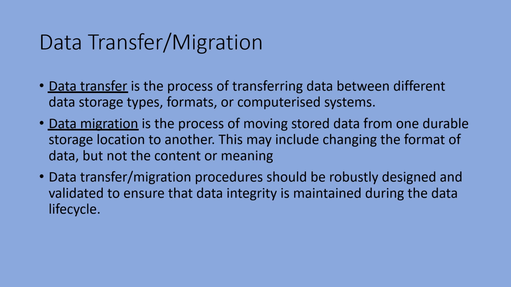Data transfer and migration procedures should be robustly designed and validated to ensure that the data integrity is maintained during the data life cycle. In either case, the system should be robustly designed to ensure data integrity throughout the life cycle of the product.